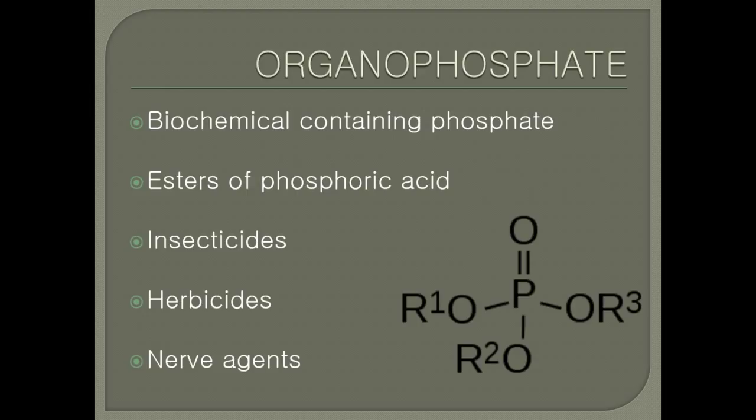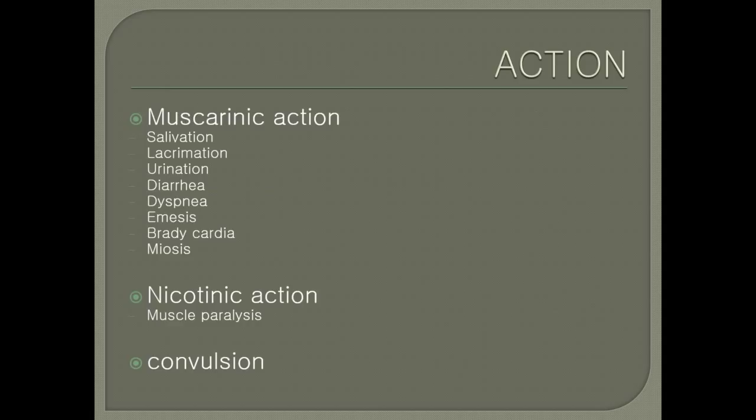Organophosphate has many other names: biochemical containing phosphate, ester of phosphoric acid, insecticide, herbicide, nerve agent. Organophosphates have different actions in different receptors.